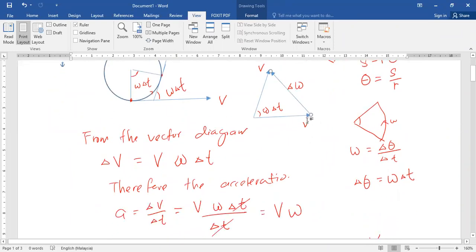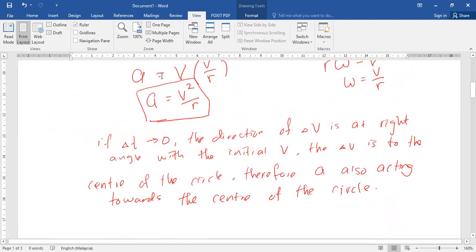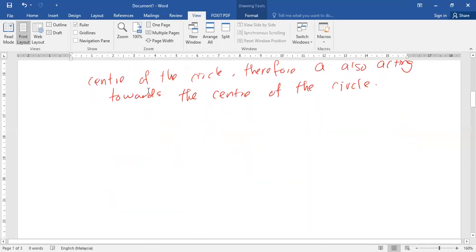So if there is a change of the angular velocity, the acceleration is always directed to the center. This is the centripetal acceleration.